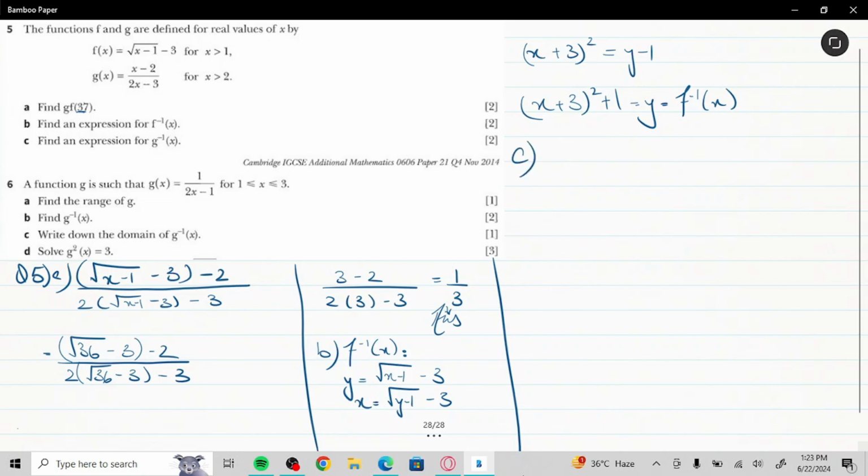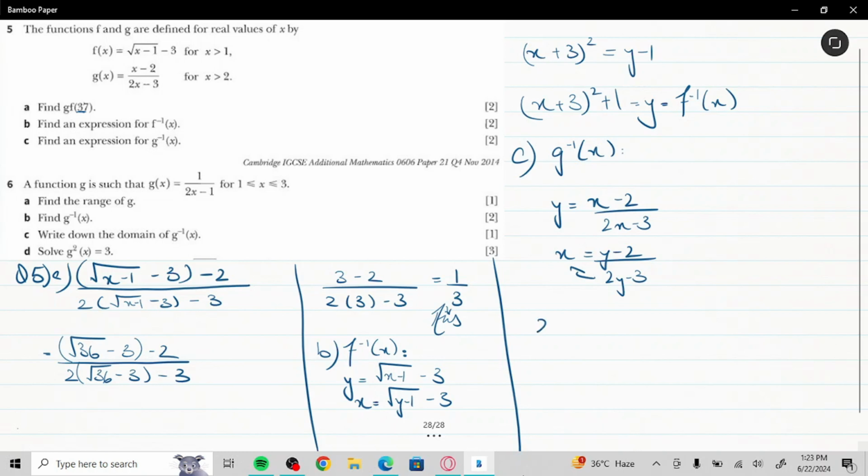For part C, we have the inverse of the function g. And what's our function g? First of all, write it in terms of y. y is equal to (x minus 2) divided by (2x minus 3). Next step, interchange the x and y values. So x is equal to (y minus 2) divided by (2y minus 3). Now simplify this to make y the subject.